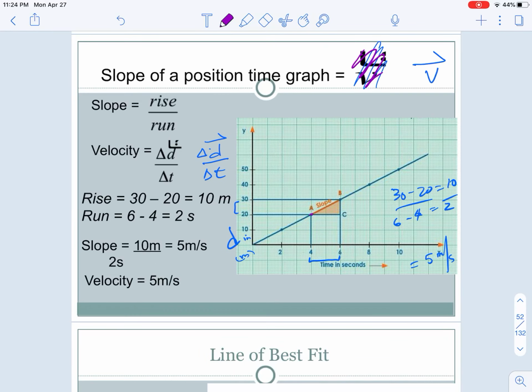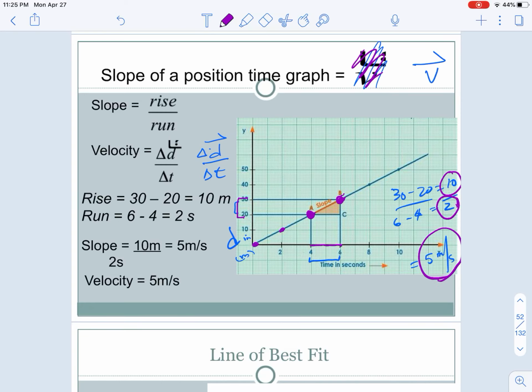This one is showing you, again, rise over run. So they said, here's 2 spots that we can use, or you can use 2 different spots on the graph. It doesn't matter where you find it, but find 2 spots that you're going to use and say my rise here, 30 minus 20 is a 10.